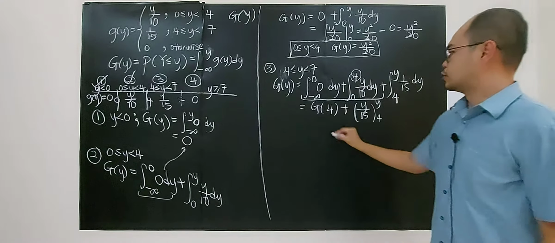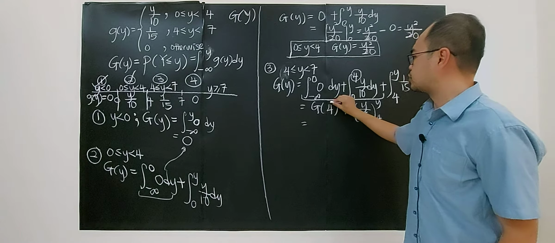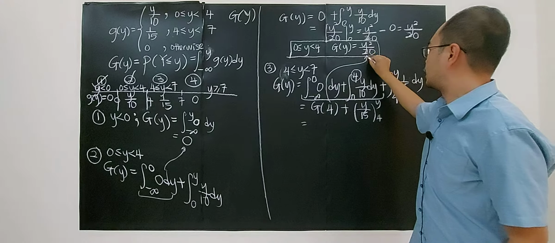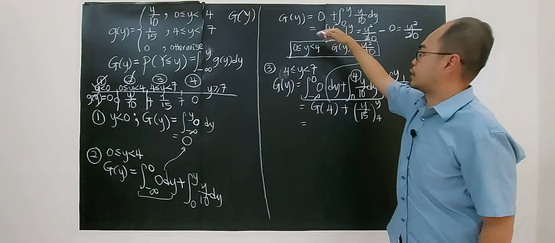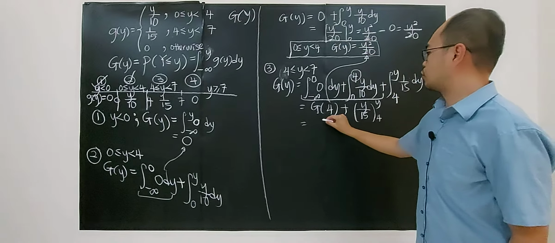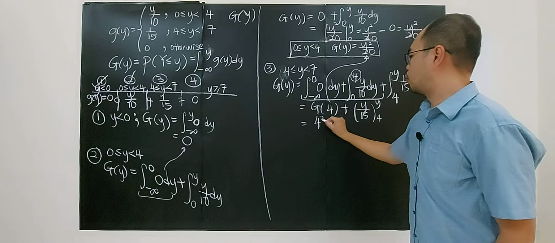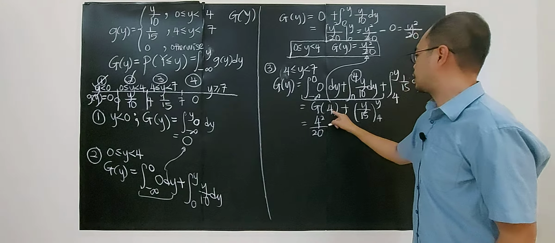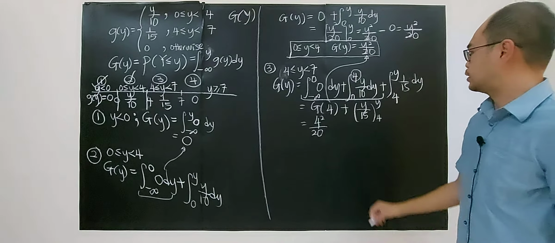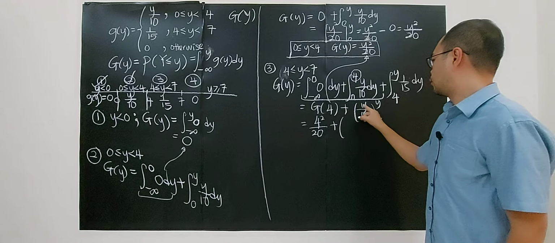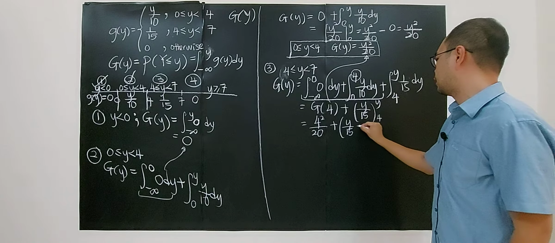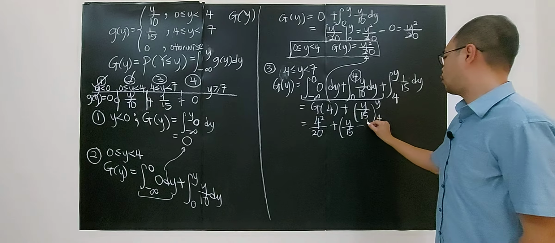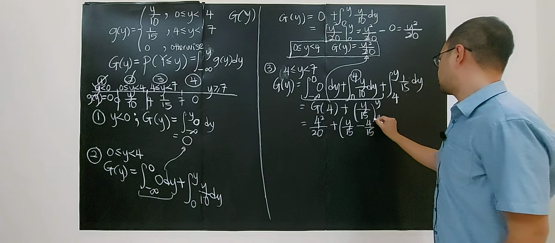Now this G4, you have to substitute into the previous function, the previous interval, for the cumulative function. So it will be 4 square over 20 plus y over 15 minus 4 over 15.